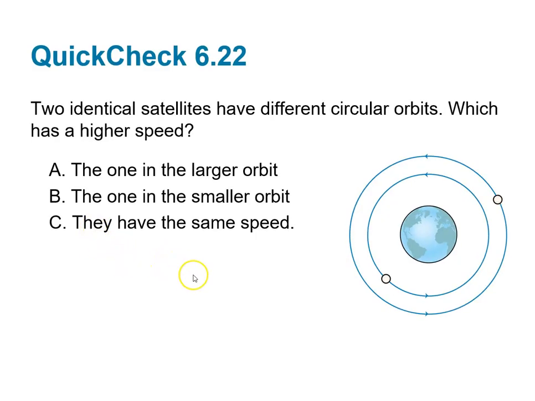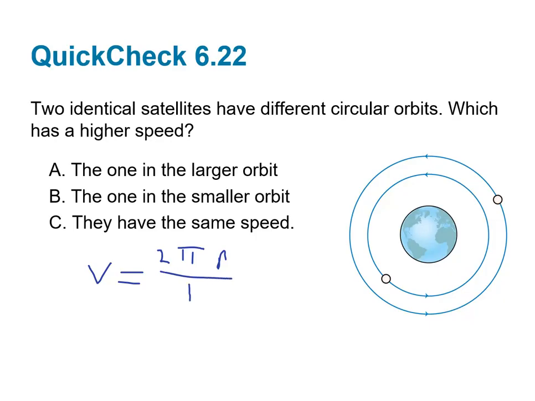That's letter C. Two identical satellites have different circular orbits. Which one has the higher speed? So speed does depend on the radius, because we know that when we looked at our equation for centripetal velocity, that v is equal to 2 pi r over T. And so r is in the numerator.